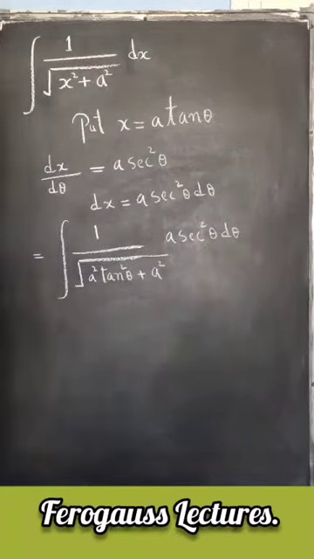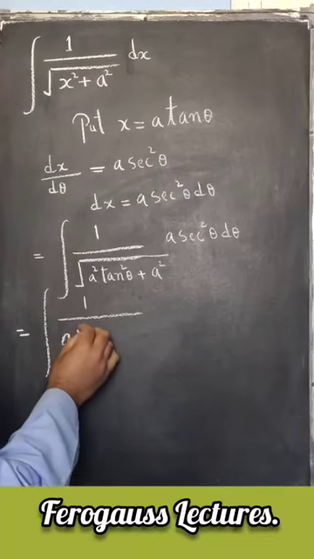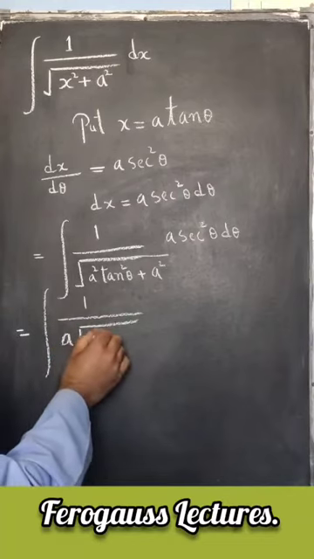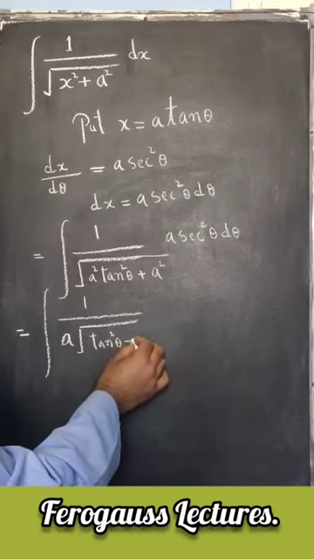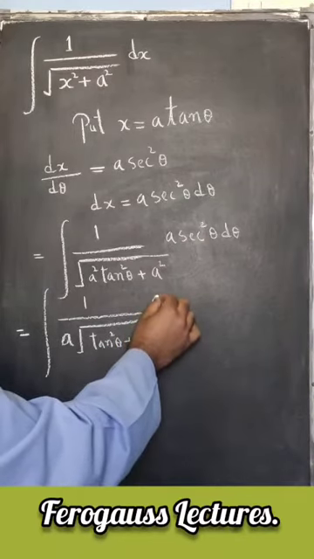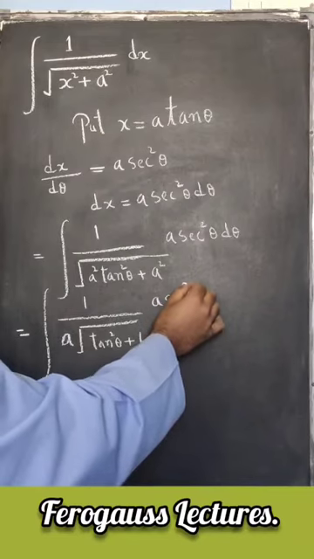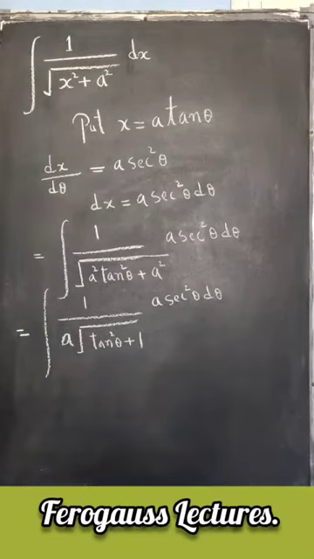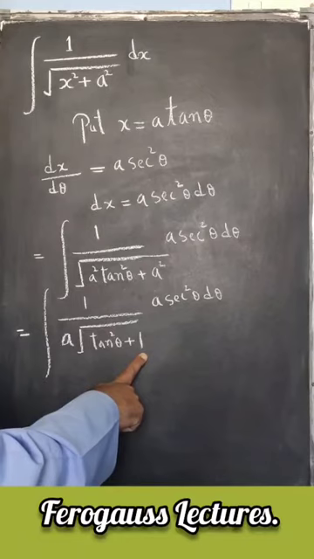That is further equal to integral 1 by, now take a square common, so we get a square root of tan square theta plus 1, a secant square theta d theta. Now we know that tan square theta plus 1 is equal to secant square theta.